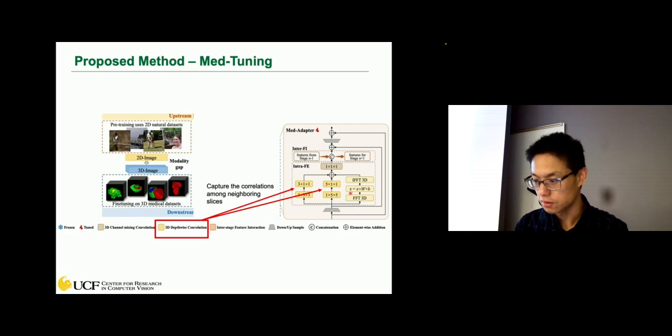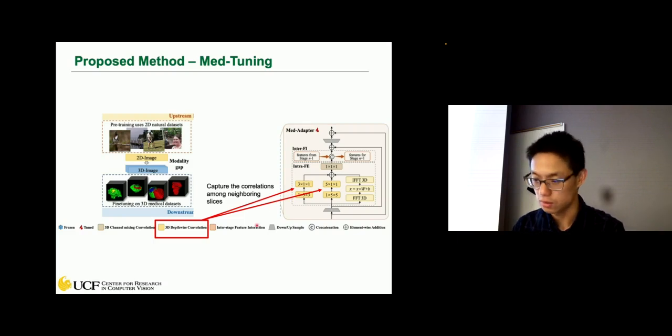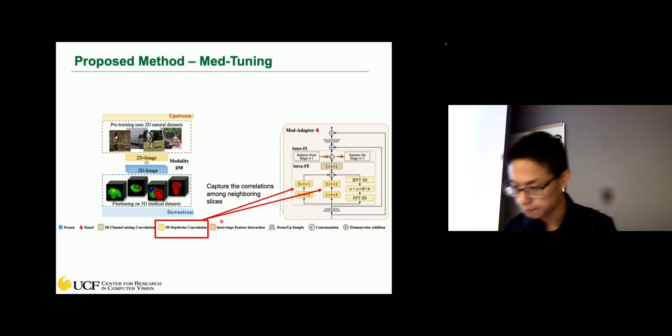These are just different kernel sizes for the depth-wise convolution, and because we consider this 3D convolution, we are essentially injecting temporal modeling. We are looking at multiple slices so that we can model the correlation between different slices, which is lacking in the original pre-trained 2D model. If the transformer is trained on 2D images, the temporal modeling is lacking. So we want the adapter to gain this temporal modeling capability by injecting this 3D separable convolution, okay?